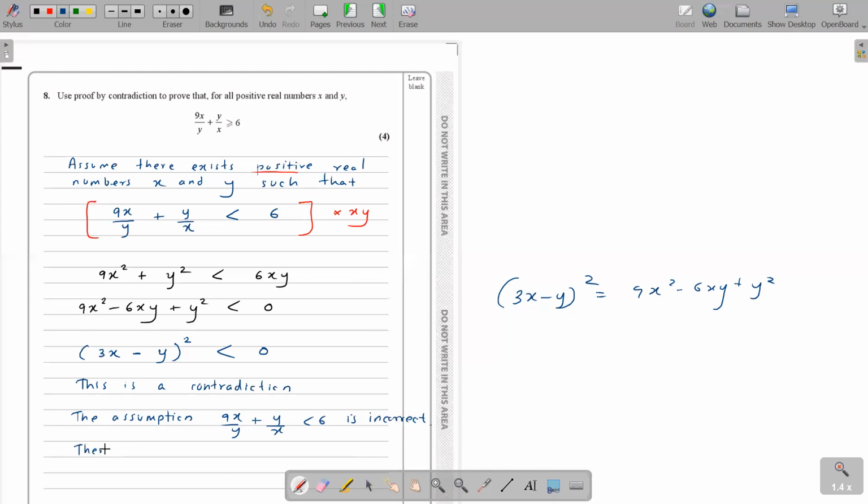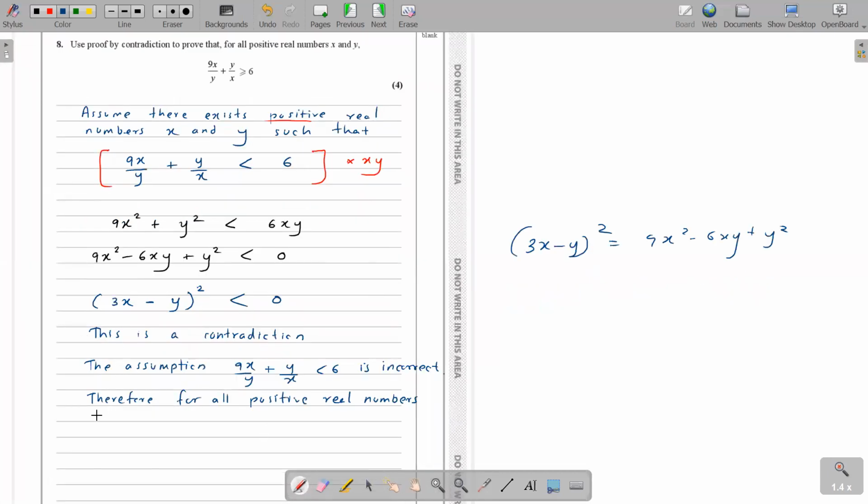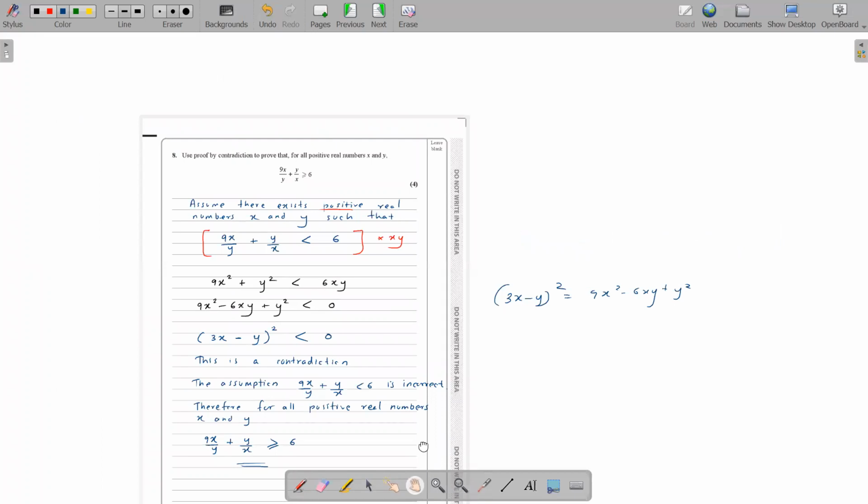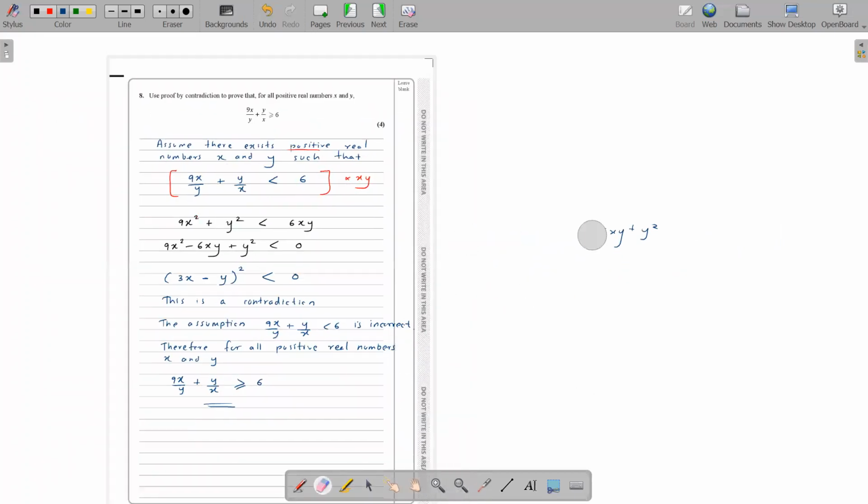Therefore, we can give the last statement: for all positive real numbers x and y, 9x over y plus y over x must be greater than or equal to 6. This is clear? You must give a proper conclusion in this particular sum. Okay?